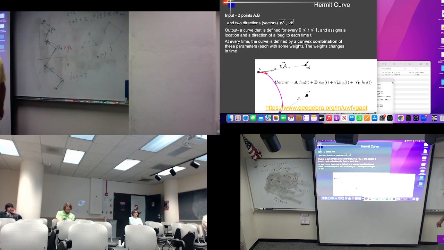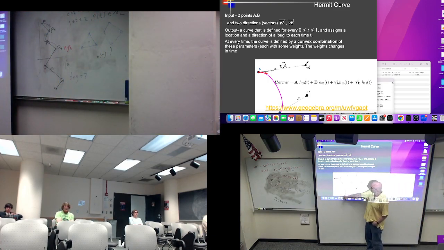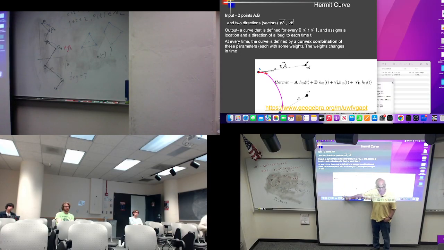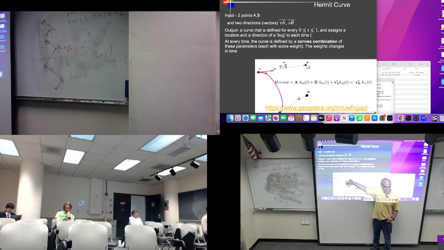Hermite curve. So I create a different Lego piece that I can make into splines, into Hermite splines. Here is one curve of the Hermite spline.